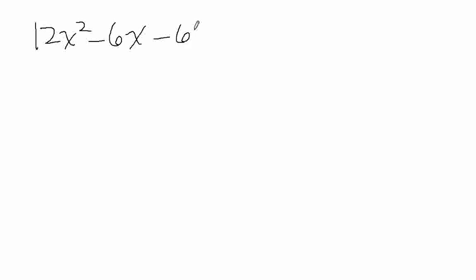That's great. All right. However, there is one thing you can do here to make your life easier before we even start. Can you see that all of the terms have a common factor of a 6? So let me go ahead and factor out the 6.